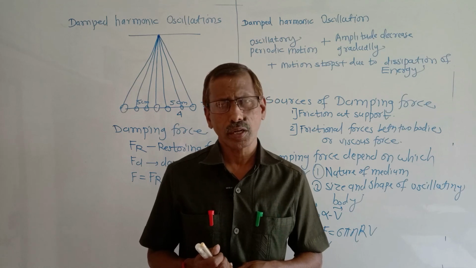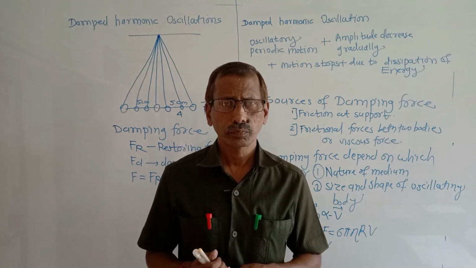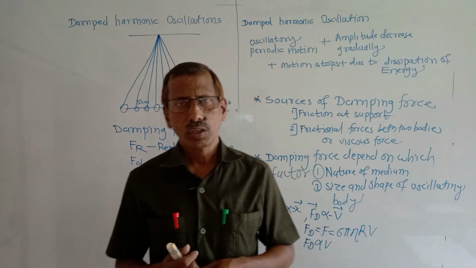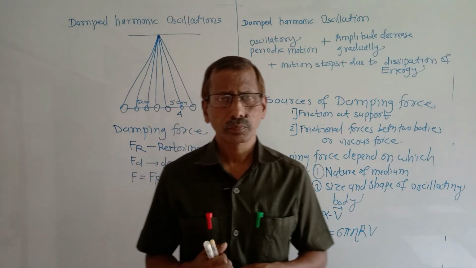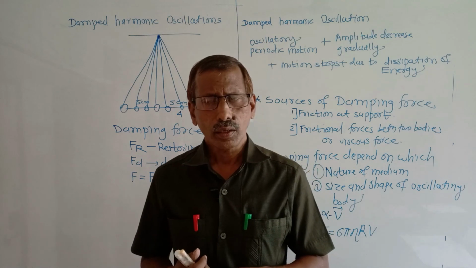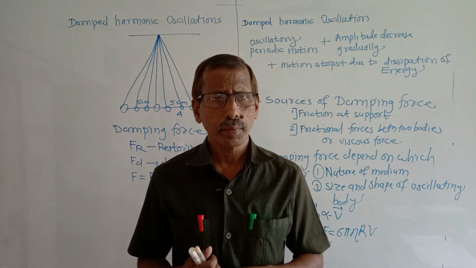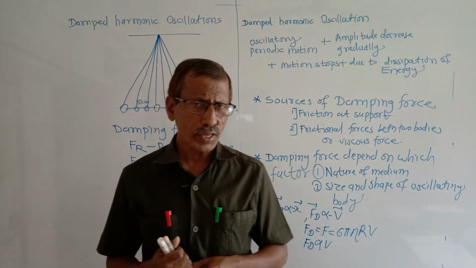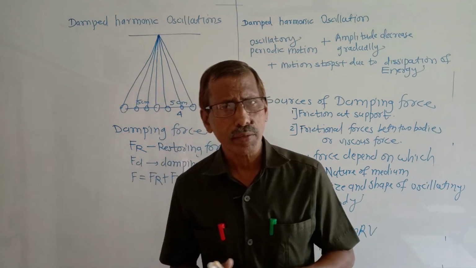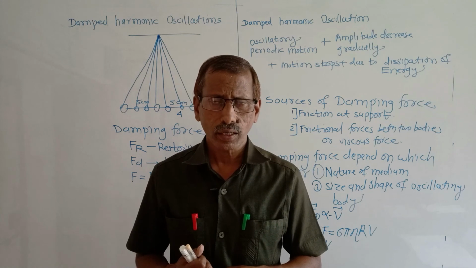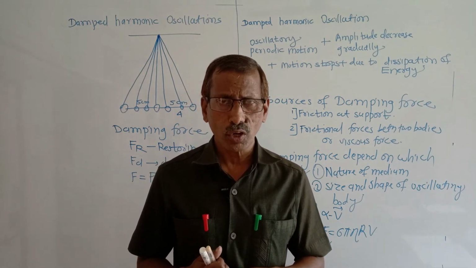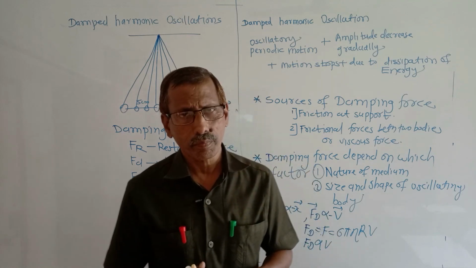Now we have to consider resonance. Resonance is a special case of forced oscillations. When a body is made to vibrate by using an external periodic force with a frequency equal to the natural frequency of the body, it means that the natural frequency of the body and the driving frequency of the external periodic force are the same.